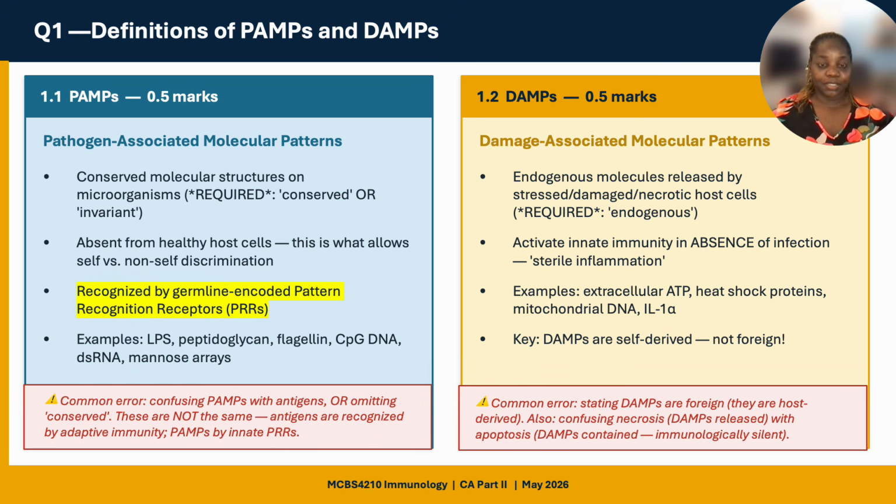So this term is what explains actually why the innate immune system can recognize PAMs without a prior exposure, because PAMs are structurally conserved across the entire class of microorganisms. So if a student writes PAMs correspond to molecules found on bacteria without the word conserved, that answer is incomplete or imprecise.